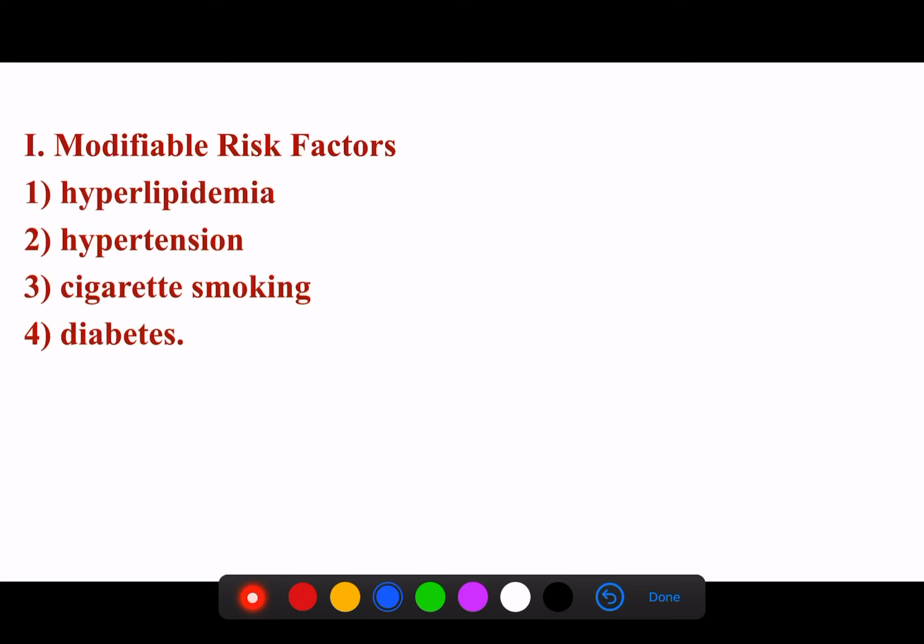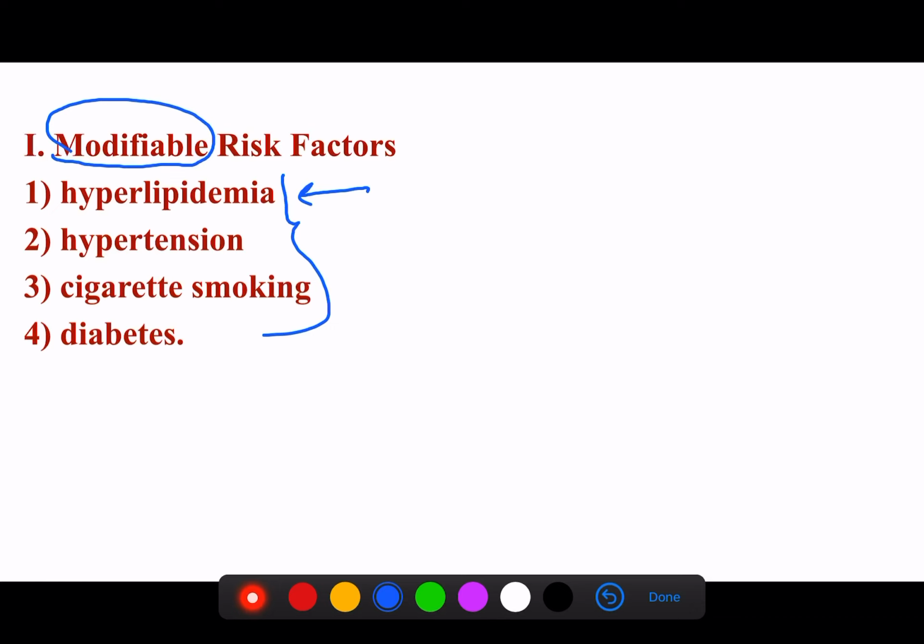Hyperlipidemia, the first one. All of these are modifiable. Modifiable means we can manage it, we can treat it, we can stop its dangerous effect on the body.